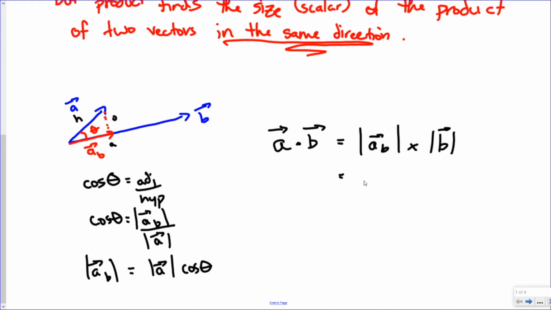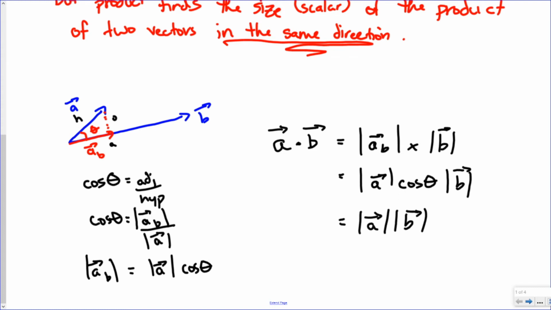We can simplify. A sub B we just saw was A cos theta, so A cos theta times B. And usually when we write it, we put the cos theta at the end, so we would have A times B times cosine of theta.